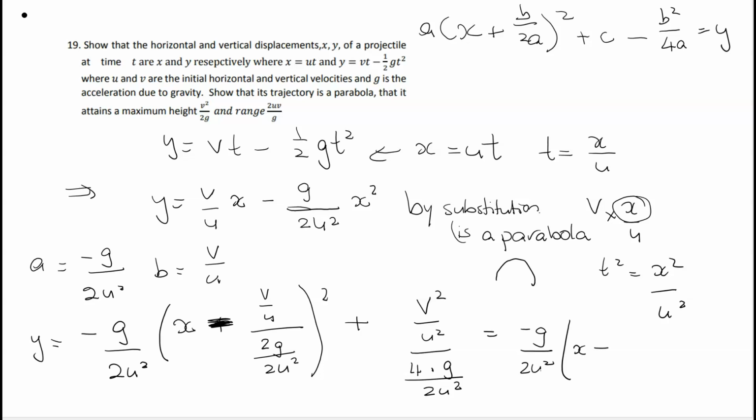Maybe if I do this in 2 steps, it'd be v over u times 2u squared over 2g, and that's squared, and then the second term becomes v squared over u squared times 2u squared over 4g.